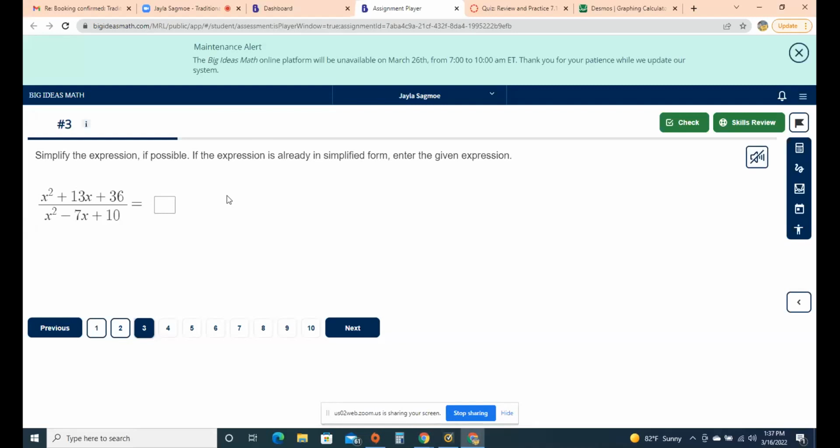All right, so it looks like, oops, I got my wrong screen pulled up. Okay. So this one's really similar. It might even be some of the same numbers we've already done. Let me grab a snipping tool.